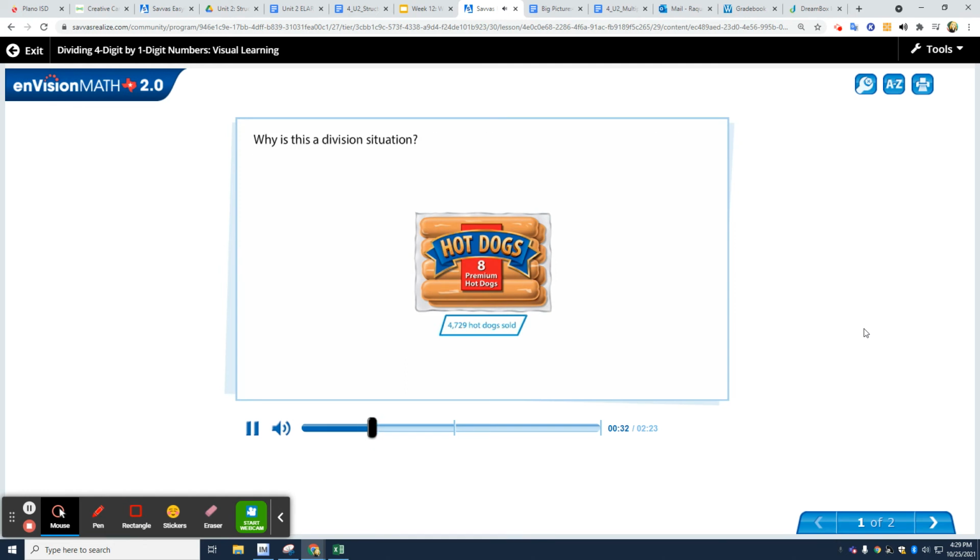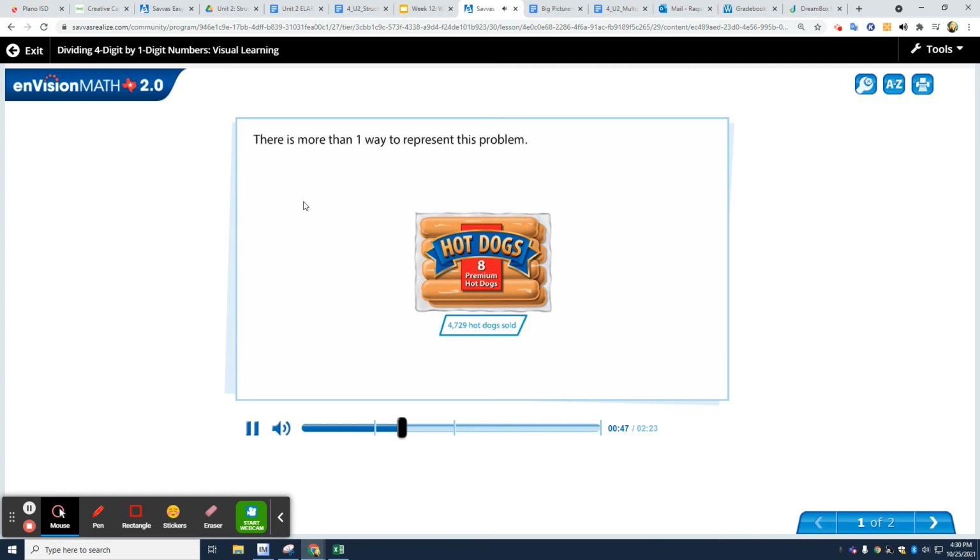Why is this a division situation? Well, we have a total, and we have making the total into equal parts. Total equal parts equals division. The problem asks how many packages of 8 are in 4,729, and this can be modeled with division.